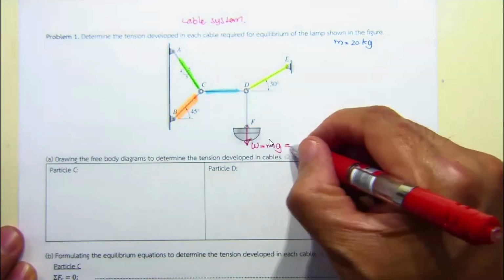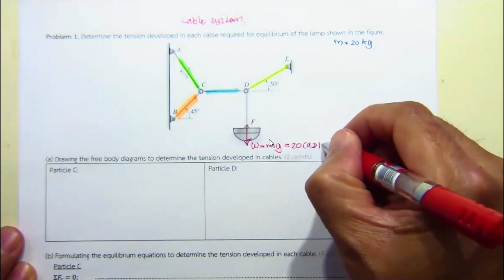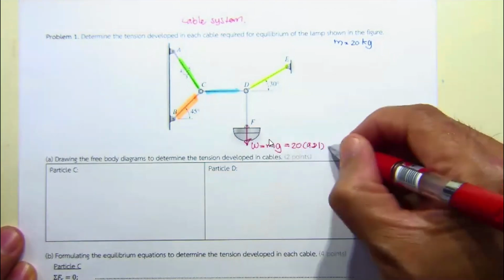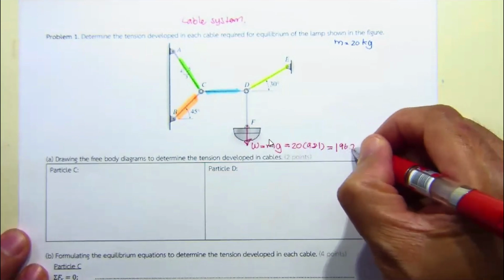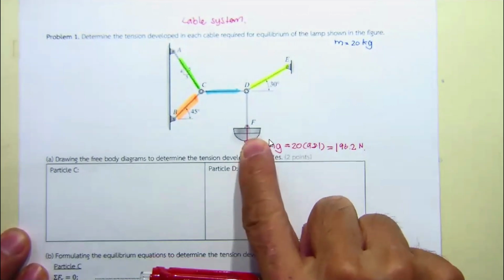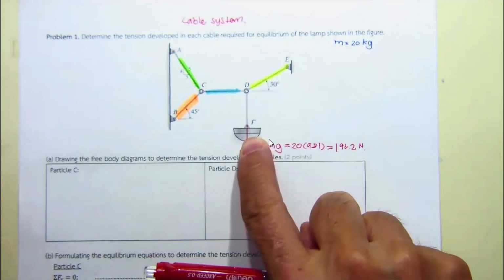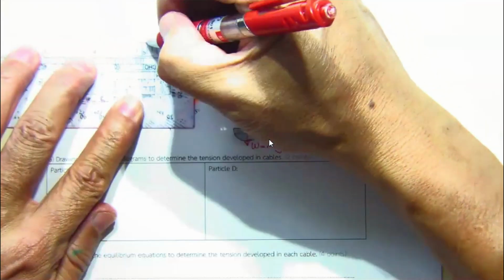So this is 20 times 9.81, and you get 196.2 Newtons.